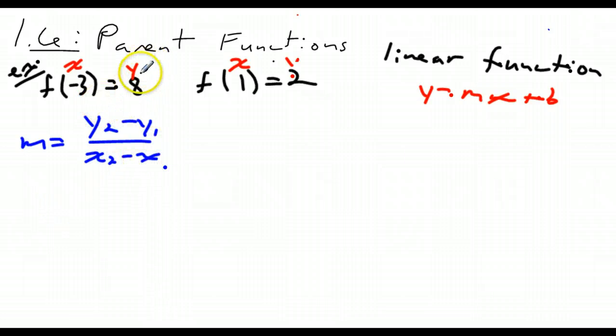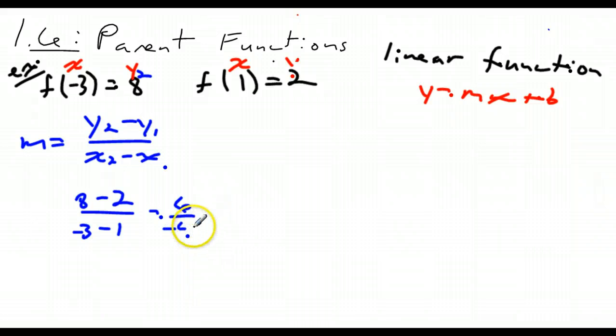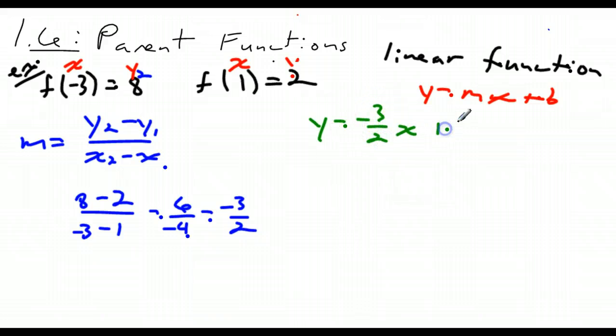So if I say y2 is 8, then I have 8 minus 2 over negative 3 minus 1, which is 6 over negative 4, which will reduce to negative 3 over 2. So now I know my m. I say that I have y equals negative 3 over 2 x plus b.